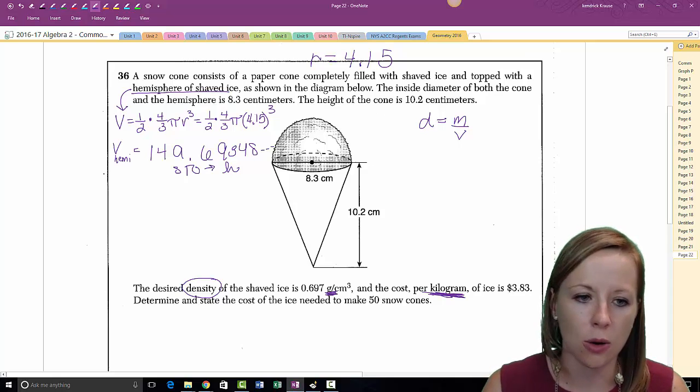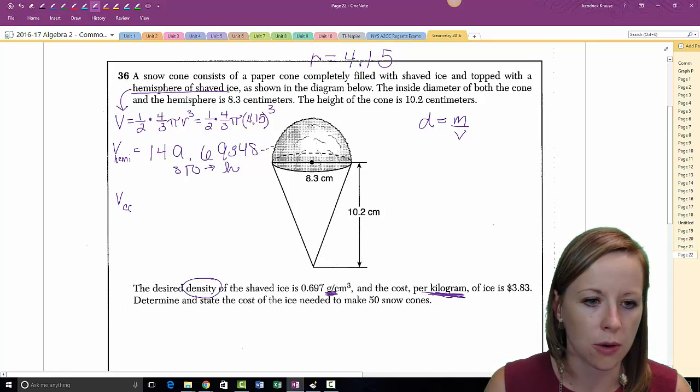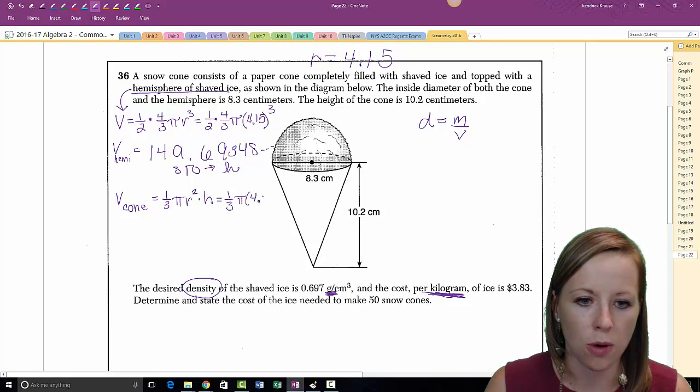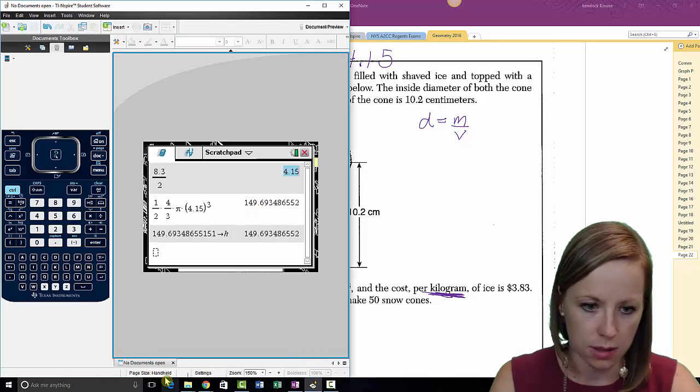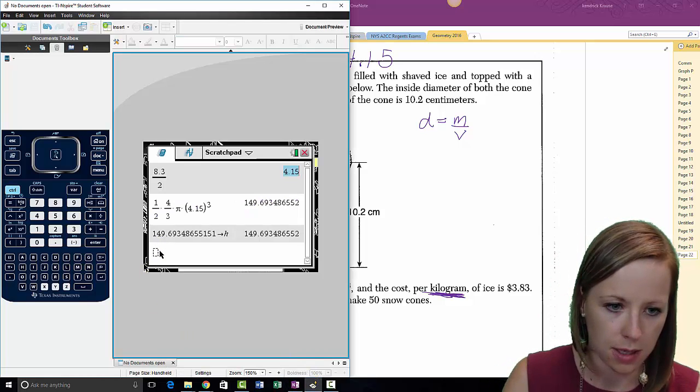Okay, now the volume of the cone. Volume of a cone is 1/3 the area of the base, which is a circle, times the height. So 1/3 pi times 4.15 squared times 10.2.